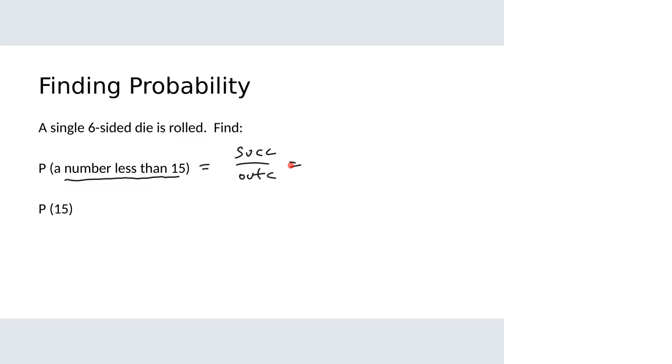Well, there's definitely something about 6 going on, but I need successes over outcomes. So I like Lorraine's answer very much, but if y'all could write that as a fraction for me, I'd appreciate it.